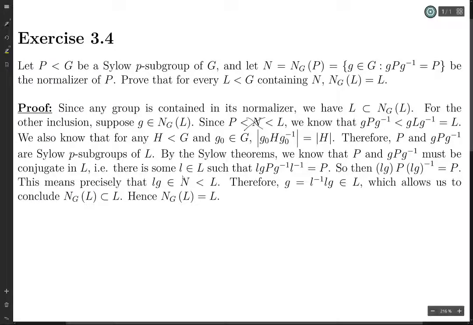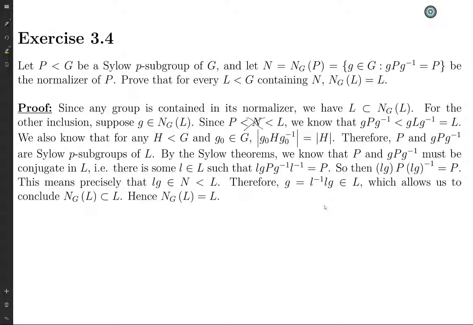So that means that there is some element l contained in capital L such that you conjugate gPg inverse by l, and you're going to get P. And then you just rewrite this thing, and we've got lg times P times lg inverse equals P. But the normalizer of P is just the set of elements that do exactly that, and so lg is contained in the normalizer. And so what we can do is write g as l inverse times lg, because l inverse l is just going to be e.